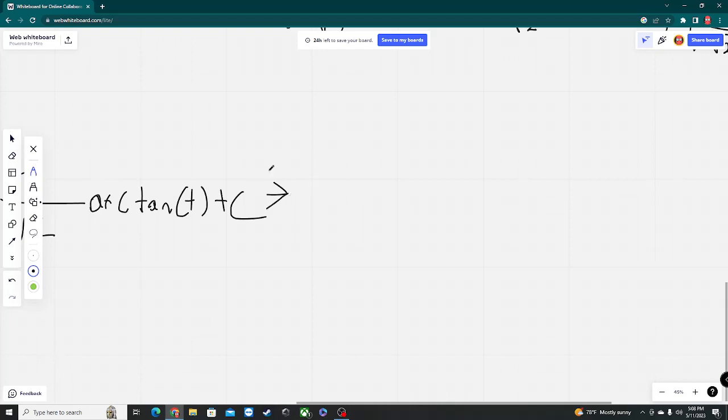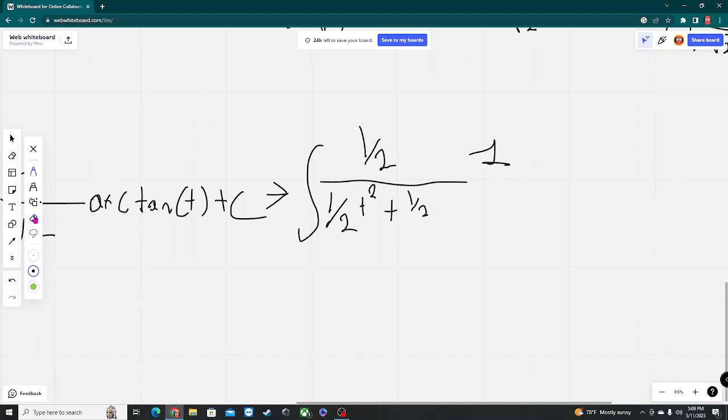So now that we're using trig identities, it's going to be a little bit more complicated in some aspects, but we still have our original integral. 1 over 2 over 1 over 2 t squared from 4 plus 1 over 2. Now we have our 1 over square root 2 dt.